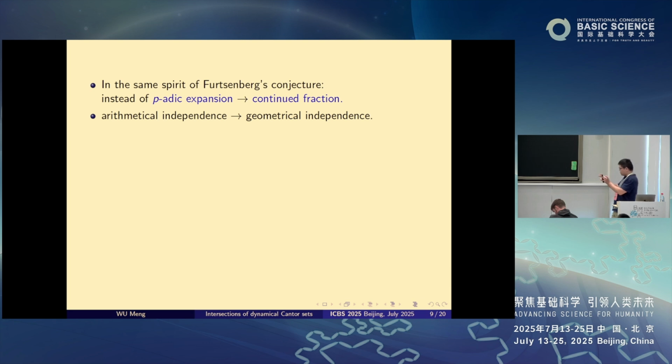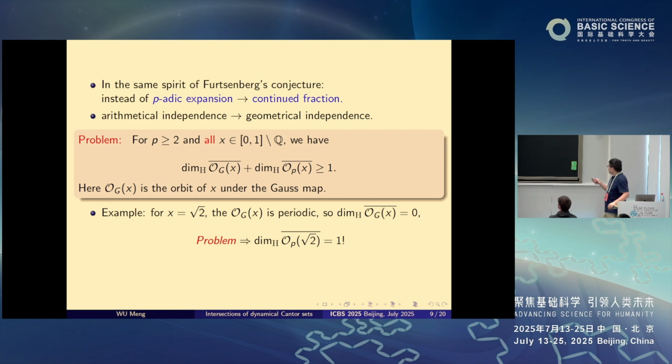Fürstenberg considers times p and times q, which have arithmetic independence. But if we consider numbers in periodic expansion, and then also numbers in the continued fraction expansion, then we should also expect such a phenomenon.